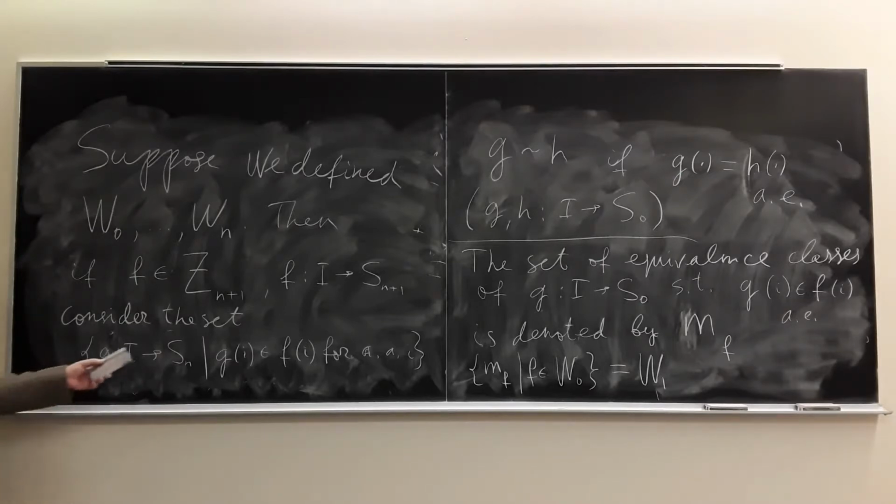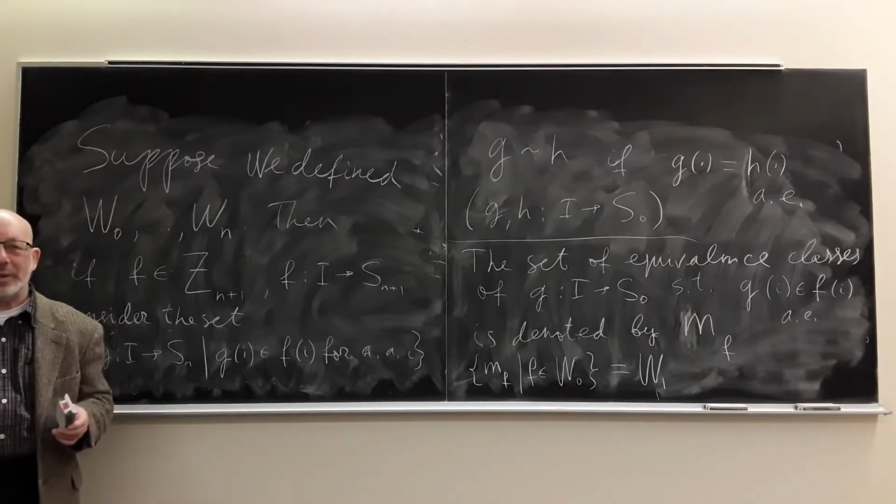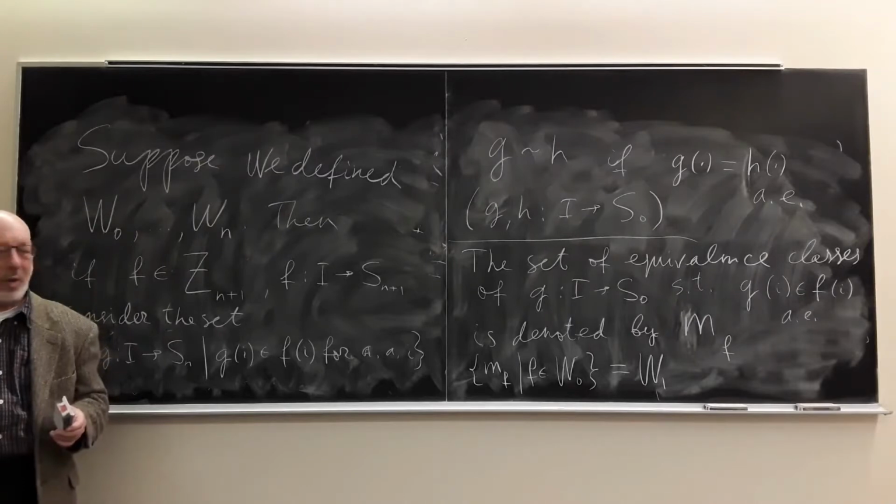Now in this set of such maps, you have an equivalence relation. So two such maps, G and H, are equivalent if they differ on a set of measure 0.